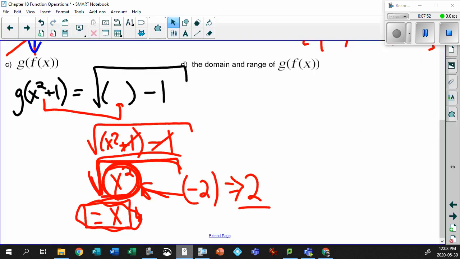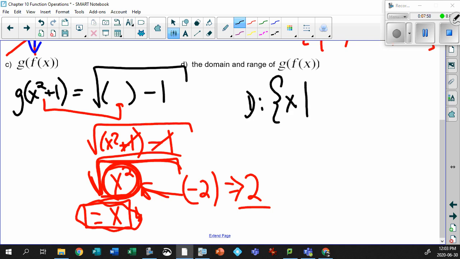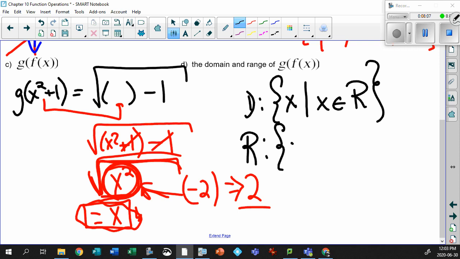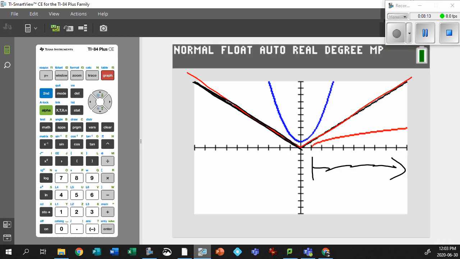Okay, so let's write our domains and ranges here. In this case, our domain can be anything. All values of x such that x can be any value of R. Wow, is that ever freaky? Look at your range then. Your range is all values of y. Think about it. Look what you had on your graph. All values of y that are bigger than 0.